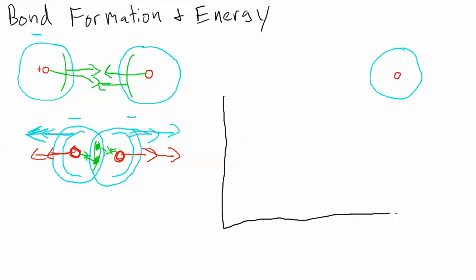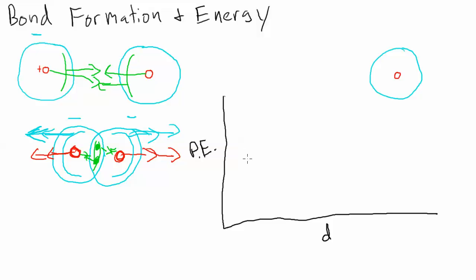So I'm going to draw a little graph here, and on the x-axis of my graph I'm going to put distance, the distance between the two atoms, and on the y-axis of the graph I'm going to put potential energy. And that's the energy that exists between these two atoms, that's stored between these two atoms.